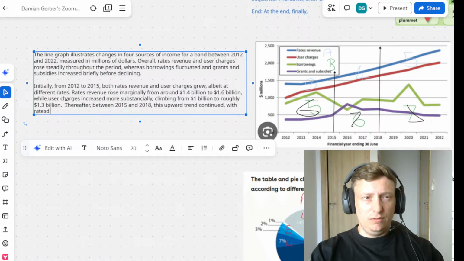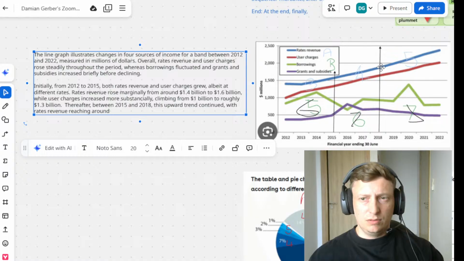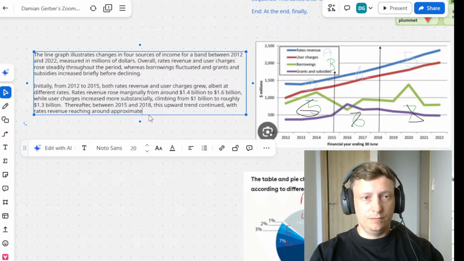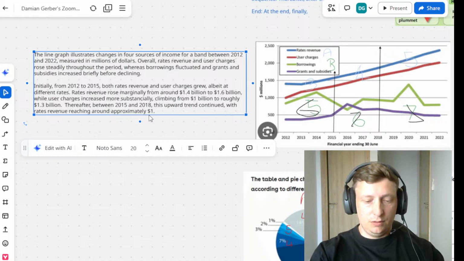Rates revenue. And now we want to put our data. So rates revenue reached approximately 1.7 billion.